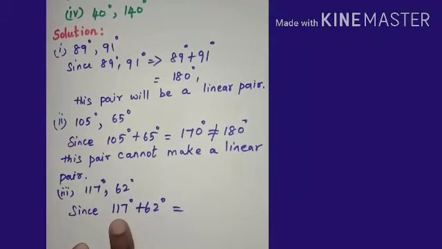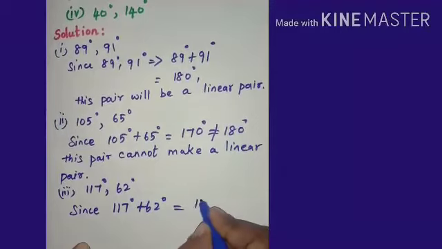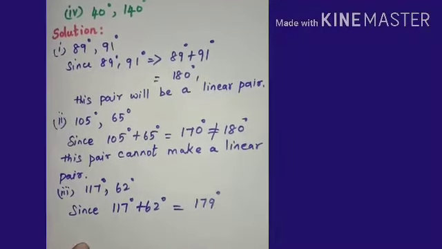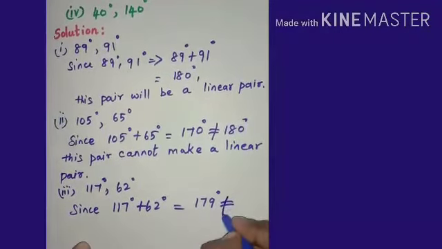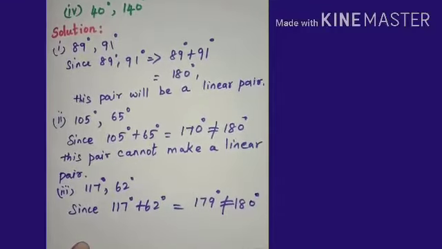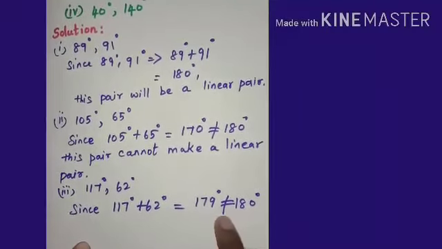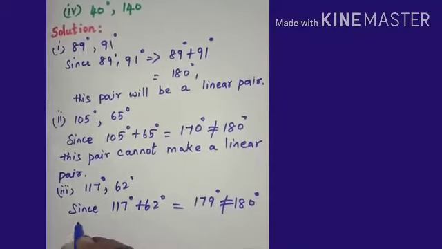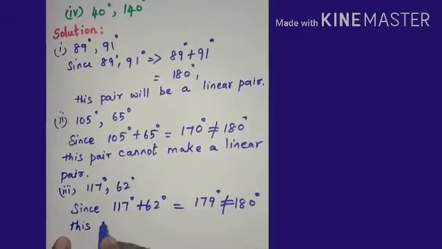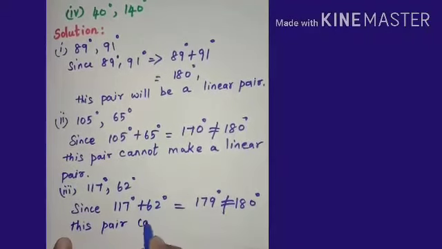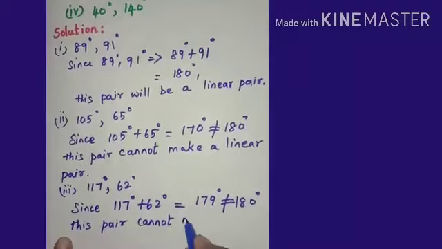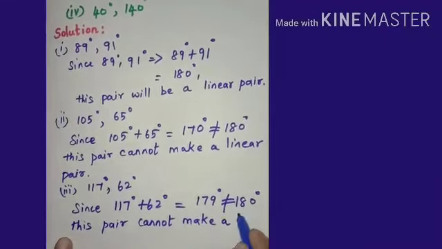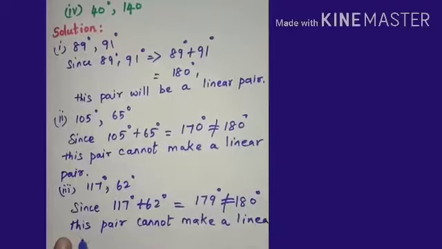So add 117 degree and 62 degree, which is 179 degree, which is not equal to 180 degree. So if it is not equal to 180 degree, then we can say that this pair cannot make a linear pair.